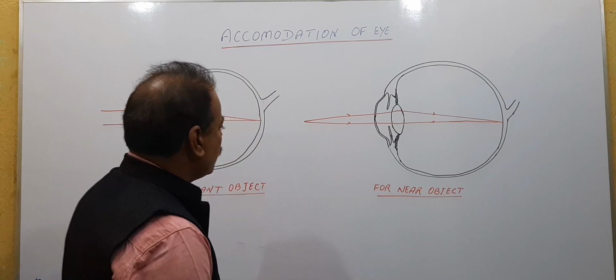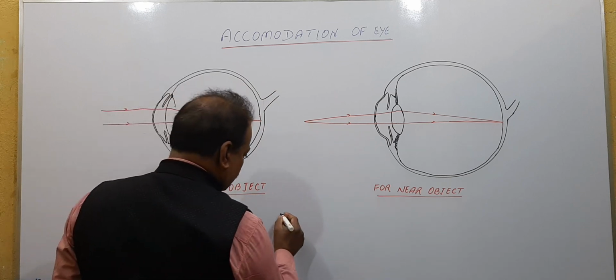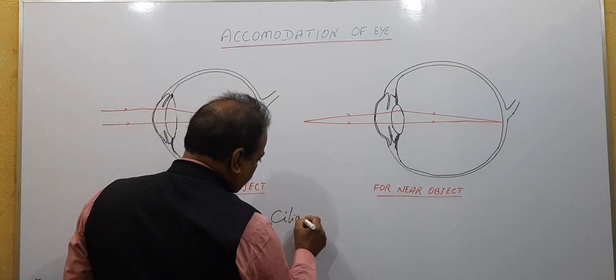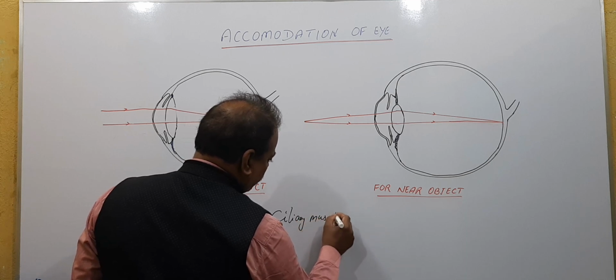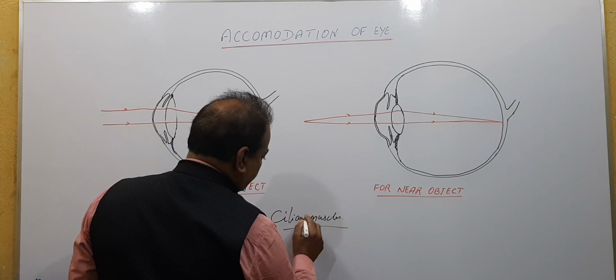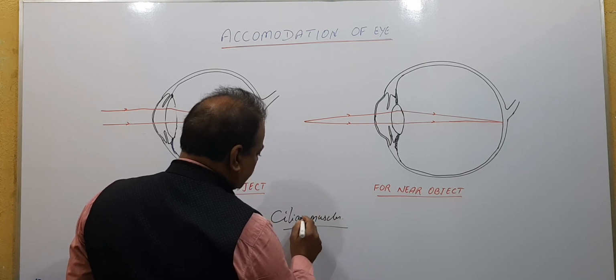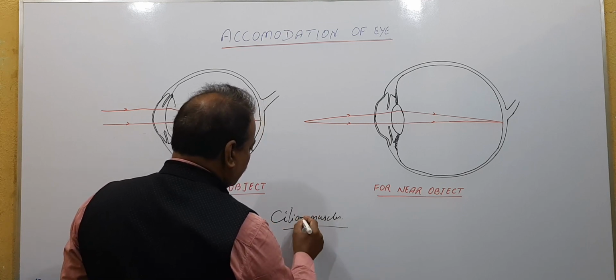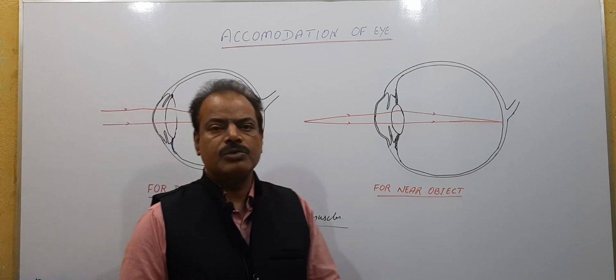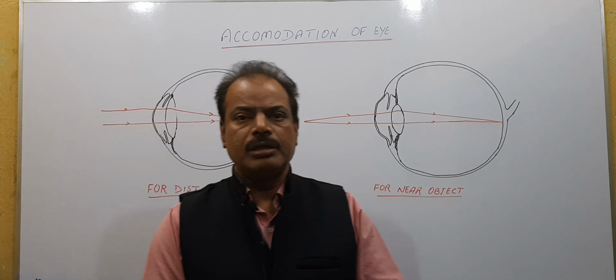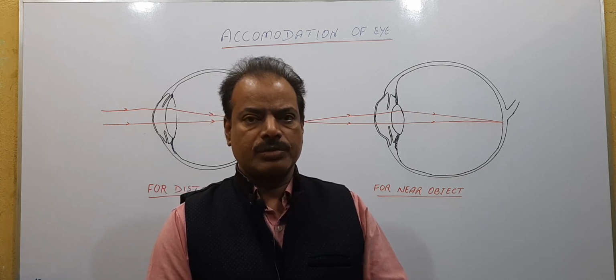During this accommodation of the eye, ciliary muscles play an important role because here two different types of tissues are present, radial as well as circular tissues.